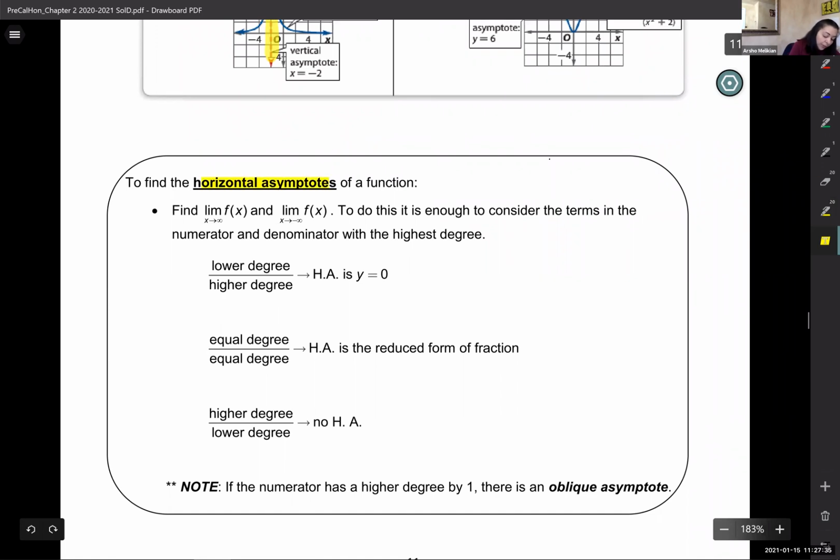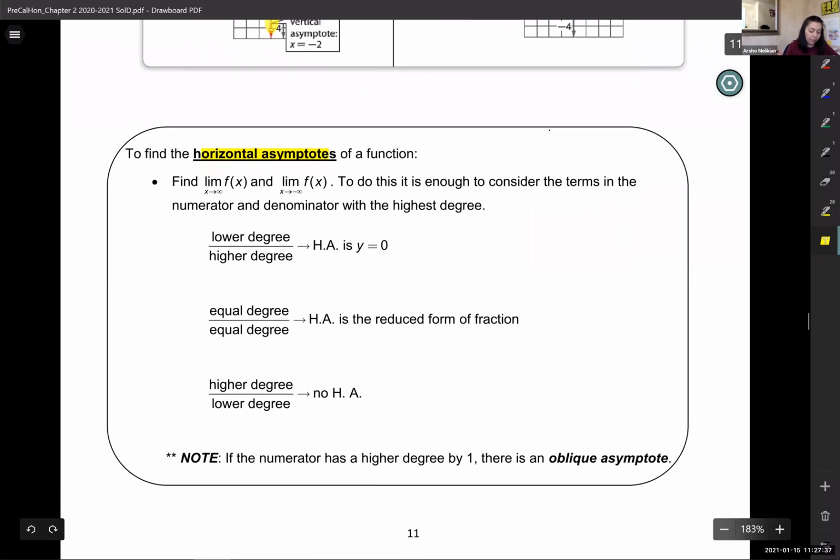So how do we find horizontal asymptotes? Mathematically, horizontal asymptotes are the limit of f of x as x approaches infinity or negative infinity. That's what it is. So, isn't that what end behavior was, right?